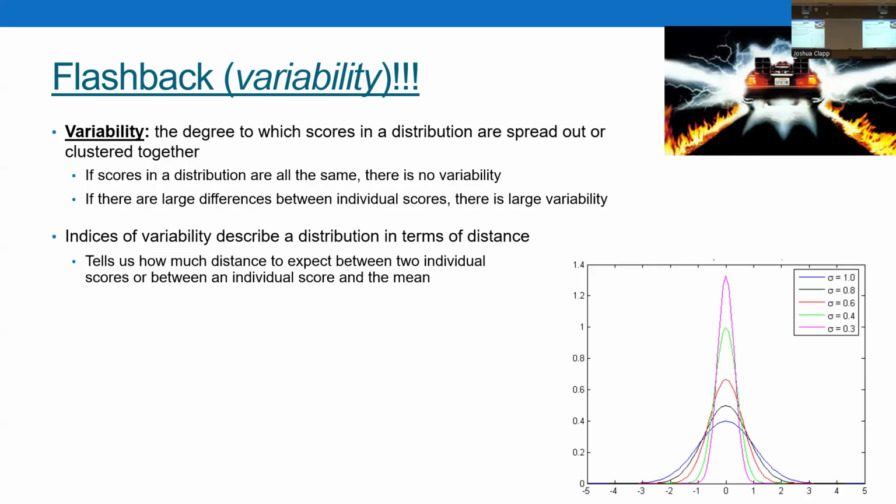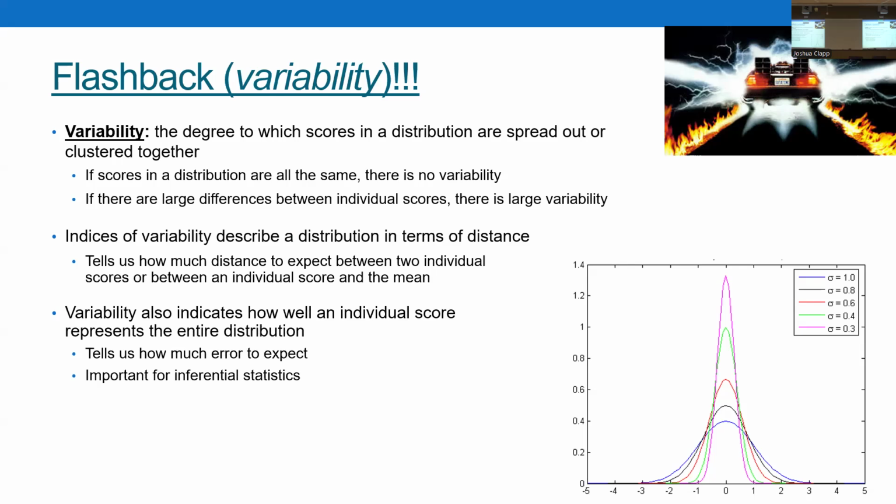If my model was perfect, I should see no variability around my mean, but the fact that I do suggests there's some source of error in here. So there's some variability that I'm not accounting for. That could be random variability, it could be systematic variability. I don't know. That's a question I need to ask myself. But in general, variability tells me the distance between any two randomly selected scores, or between the mean and any score, telling me how precise my estimate of my mean is.